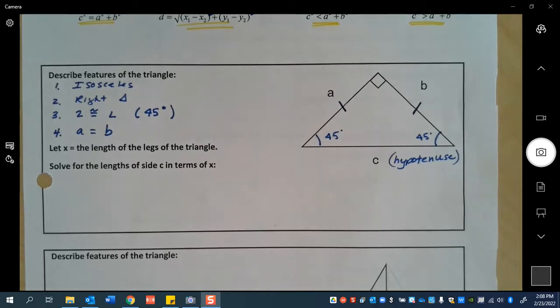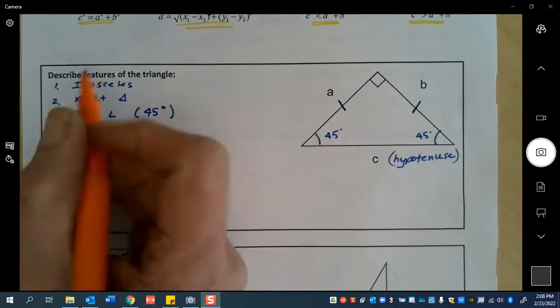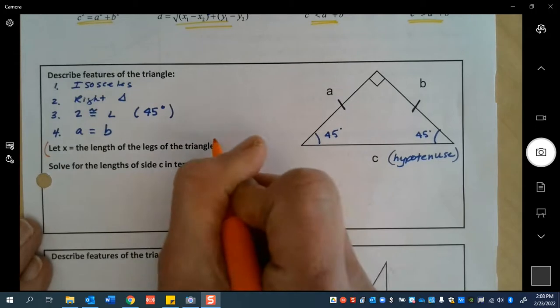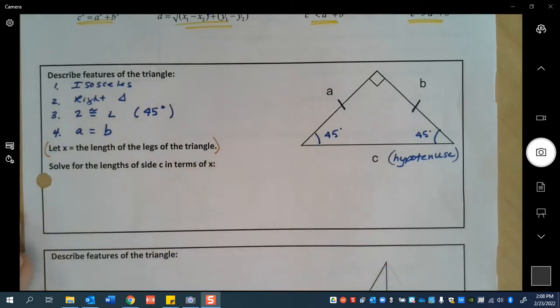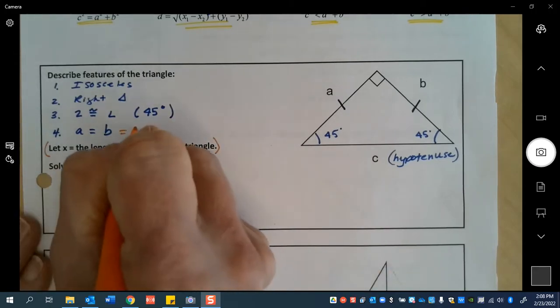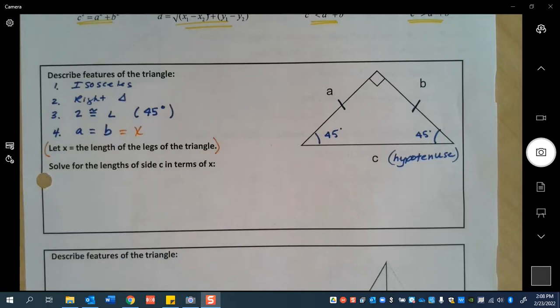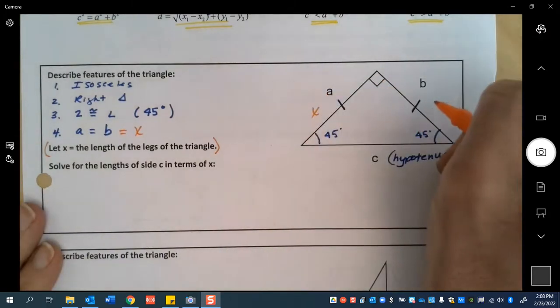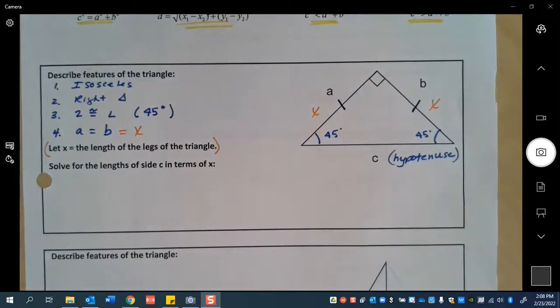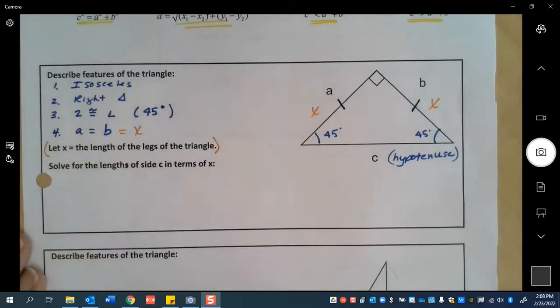Okay, our next conversation says, go ahead and let x equal the length of the legs of the triangle. So because A is equal to B, and they're the same value, I can go ahead and call both of those side lengths x. Are you okay with that? Yeah. So my next instruction is to solve for the length of side C in terms of x.